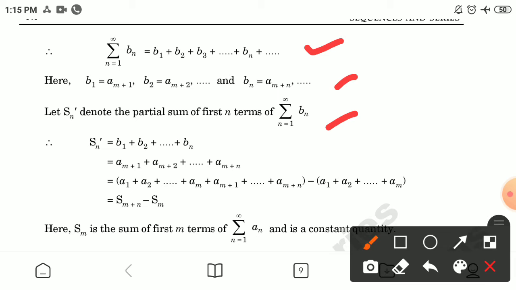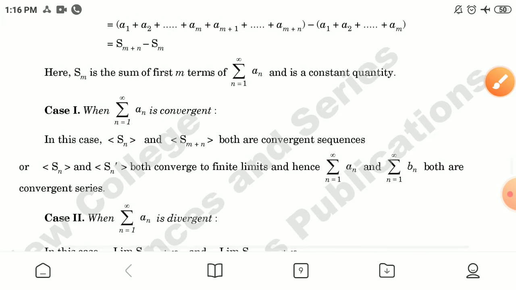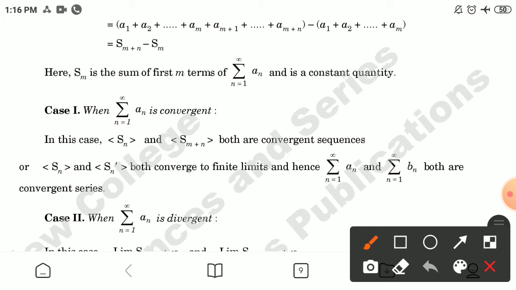Therefore, Sn dash is equal to b1 plus b2 plus bn, which is also equal to a(m plus 1) plus a(m plus 2) plus so on plus a(m plus n), or we can add the first m terms and subtract the first m terms. What we have is the sum of m plus n terms minus the sum of m terms. Here Sm is the sum of first m terms of summation an and is a constant quantity.